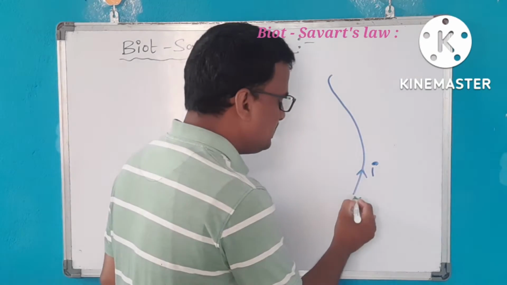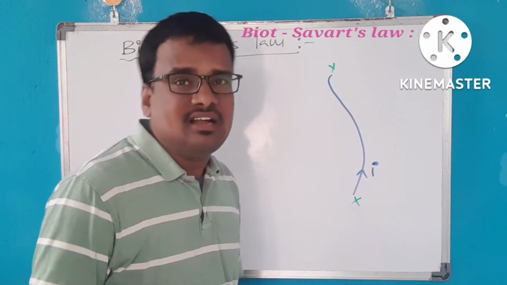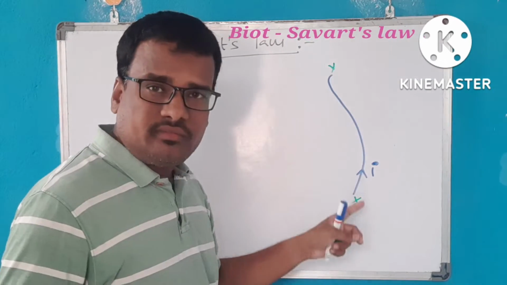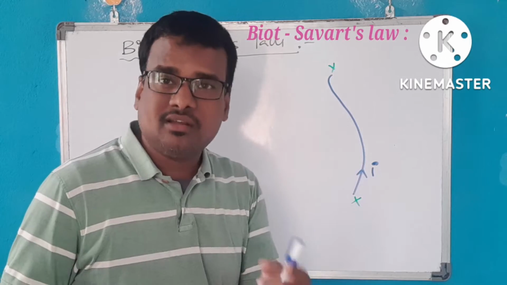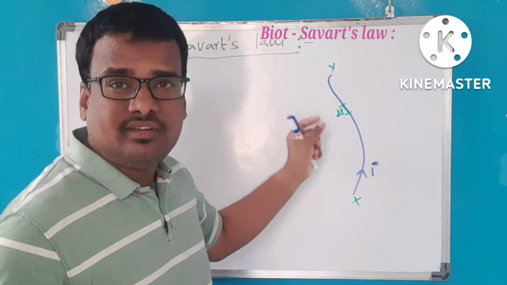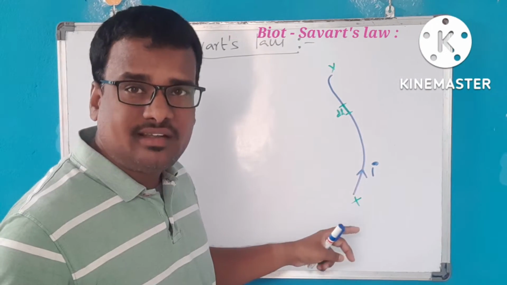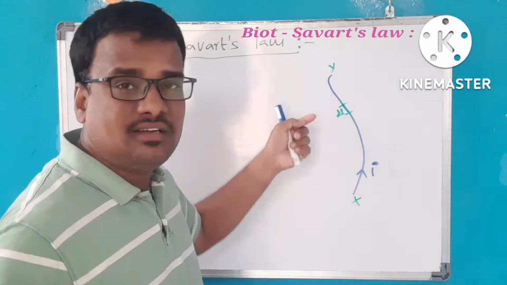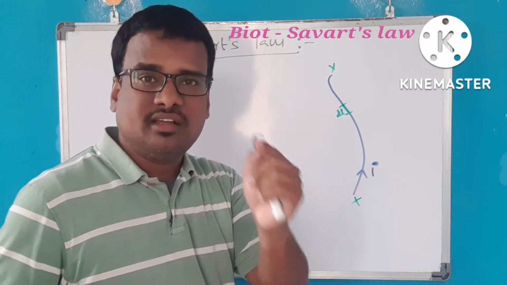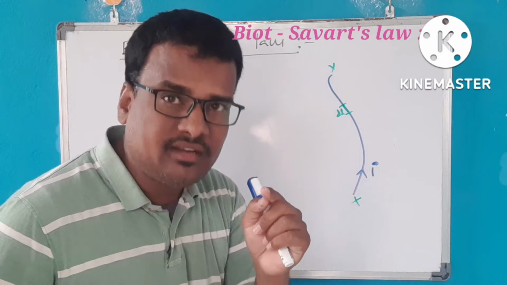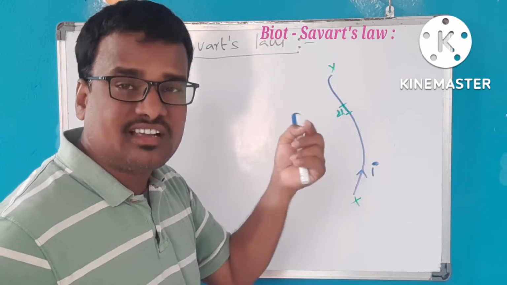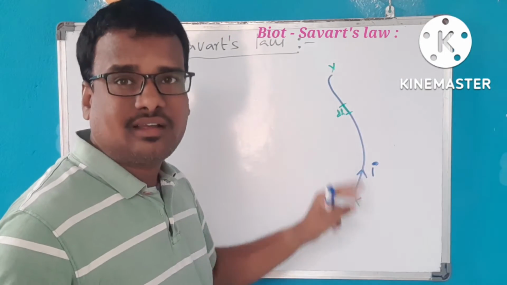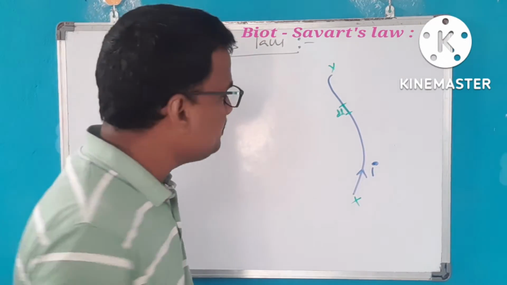Here from X to Y, the length XY, but we can take only a small infinitesimal length. In this entire length of the current carrying conductor, we can consider a small current carrying element of length dl, a small part of the conductor.